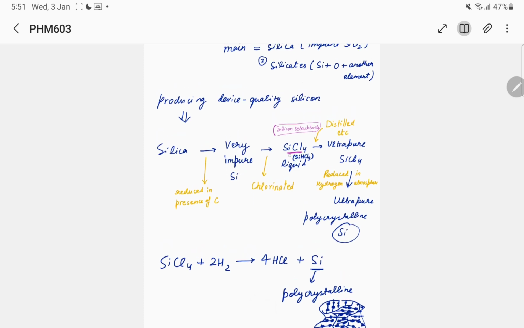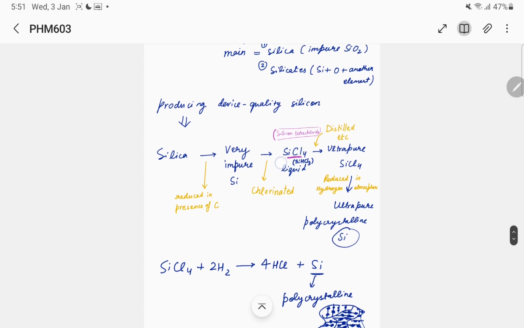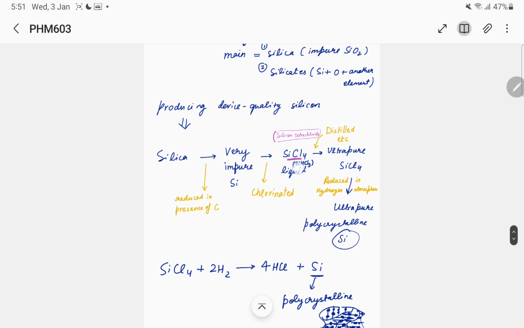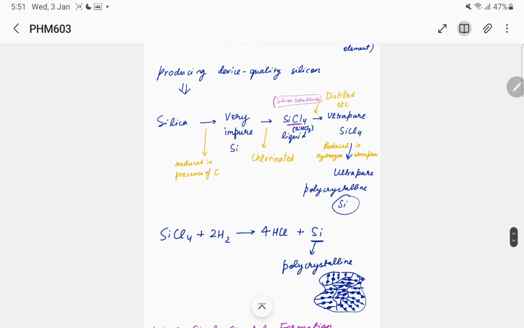Now what we find is silicon tetrachloride, which is SiCl4 liquid. We find this compound in liquid form, and we distill it, and then we find ultra pure silicon tetrachloride, which is not like the situation where silicon can also have hydrogen with chlorine and silicon.